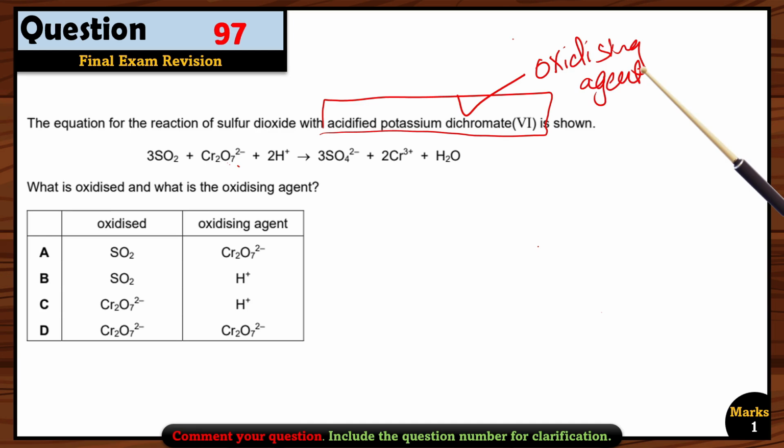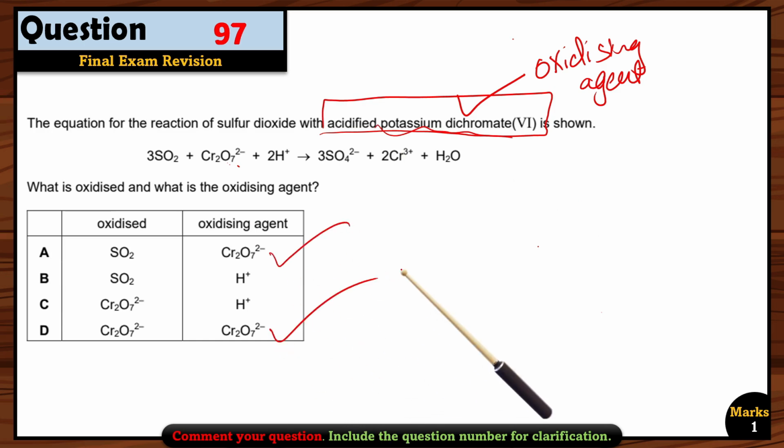So if they are asking what is oxidized and what is oxidizing agent, so your answer should be potassium dichromate because that is oxidizing agent. So where you can see potassium dichromate ions, yes, it is here. So option A or D can be right. So now if potassium dichromate is an oxidizing agent, it means it will not oxidize, it will reduce, right?